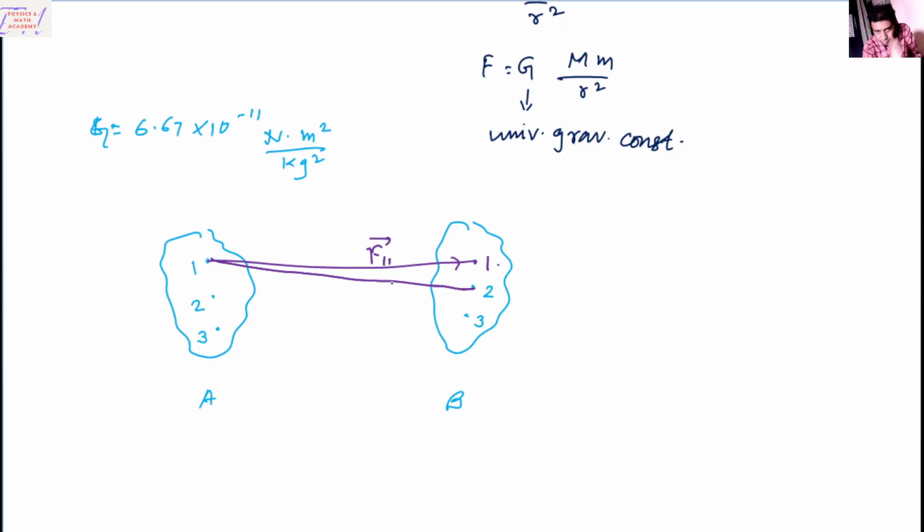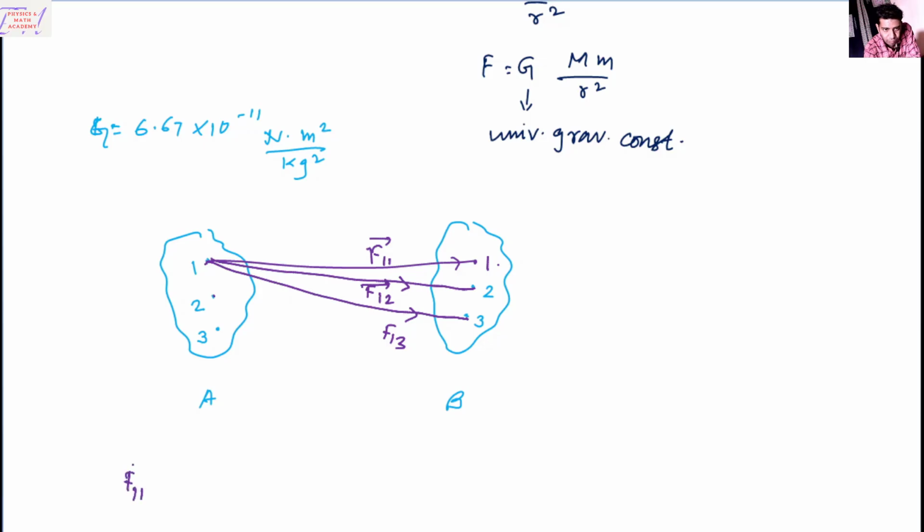The force is F11 and acts in this direction. This is F12 on particle 2, and this is F13 on particle 3. Similarly, you can get for particle 2 of body A on the 3 particles of body B. So here you can get a total of 9 components.